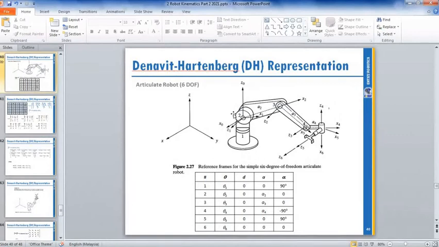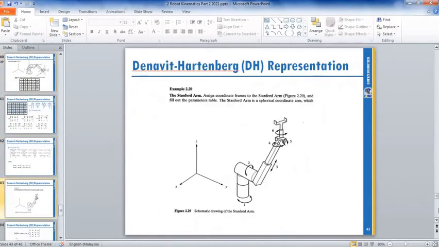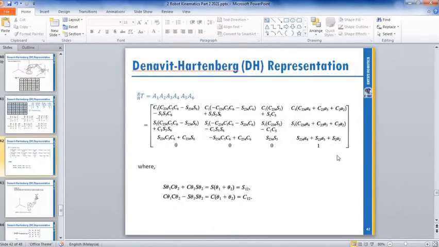After you apply the DH method, you will get a single matrix that you will put into your microcontroller.